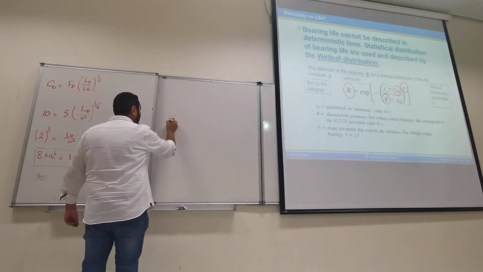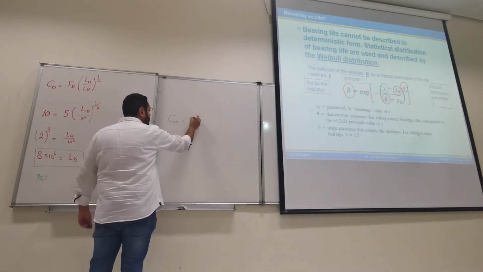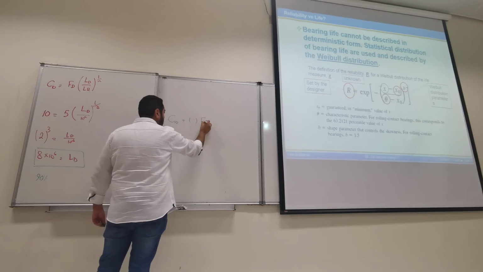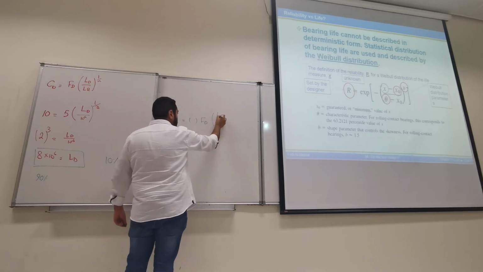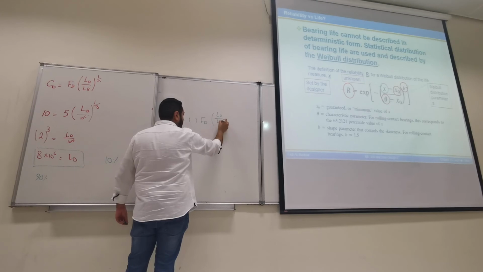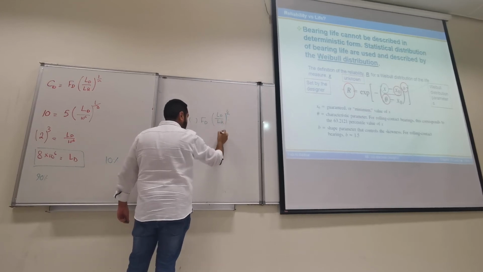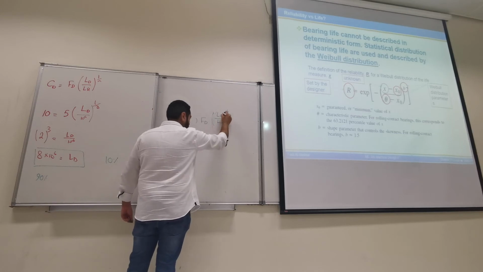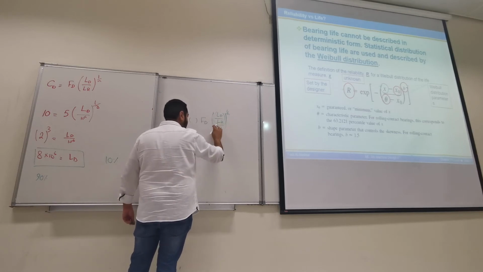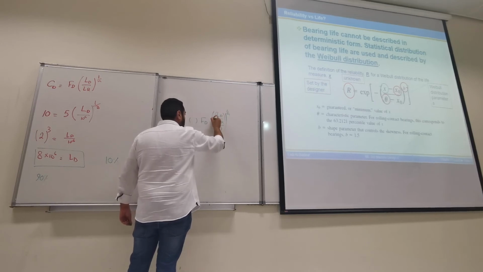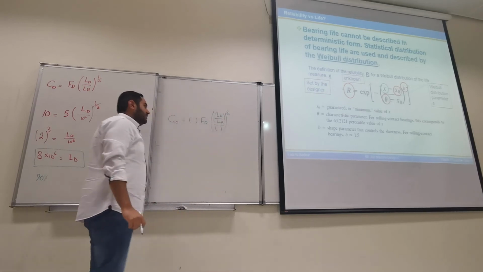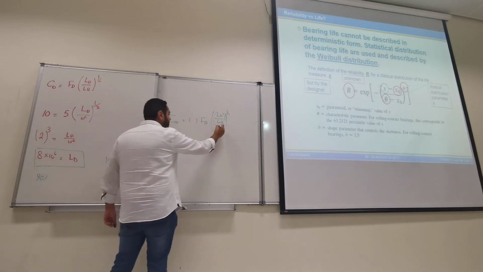So remember we had this equation, C10 is equal to, I'll put some brackets here, desired load, desired life over rated life, to the power 1 over a, divided by another factor. So this is the reliability factor.